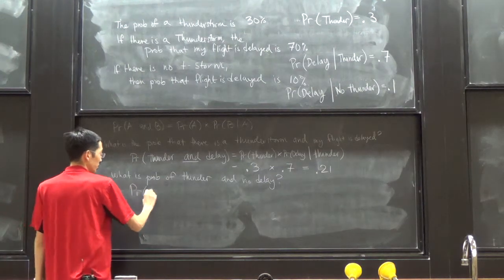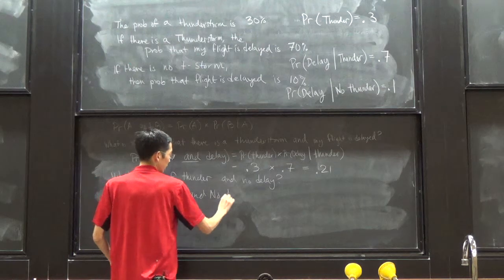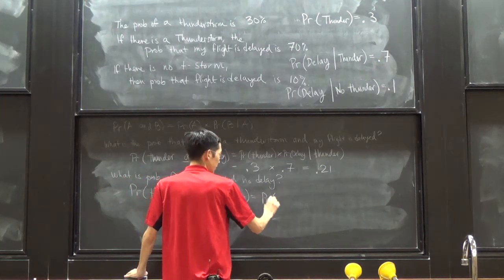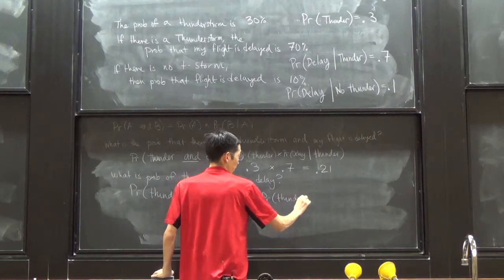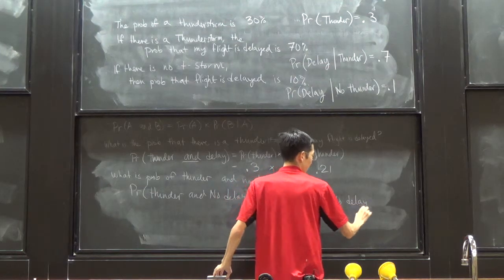So this would be probability of thunder and no delay. So that would be probability of thunder times the probability of no delay given thunder.